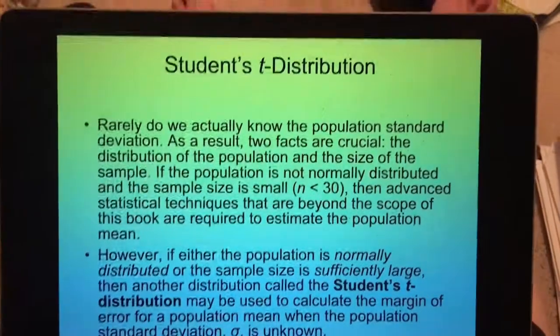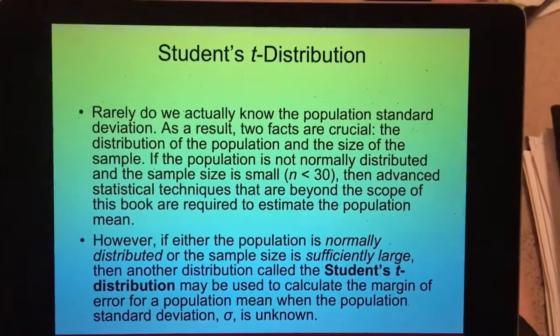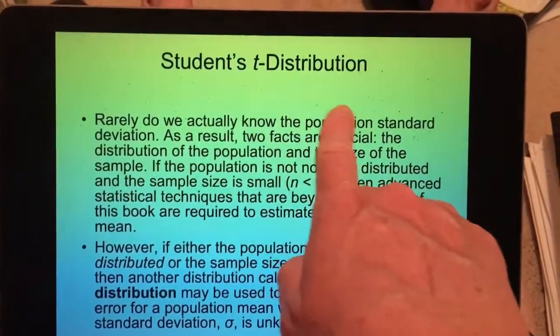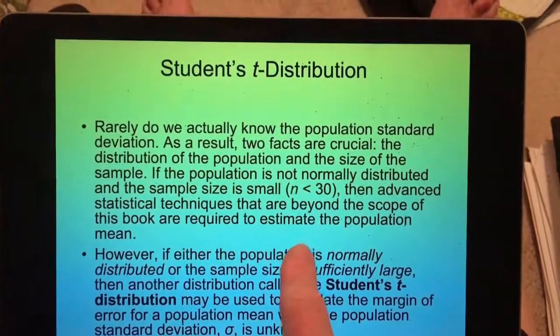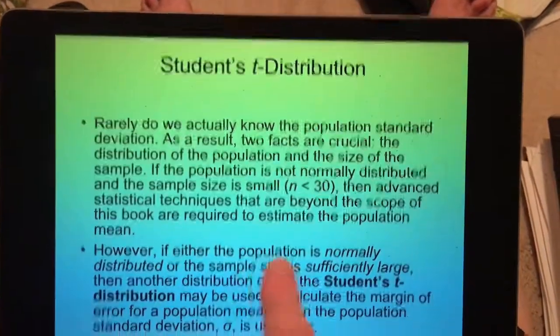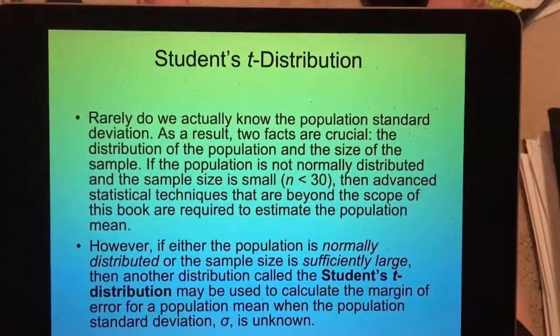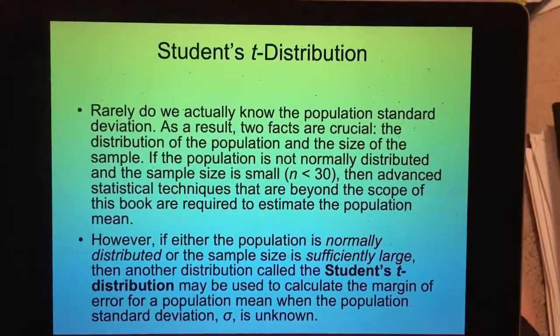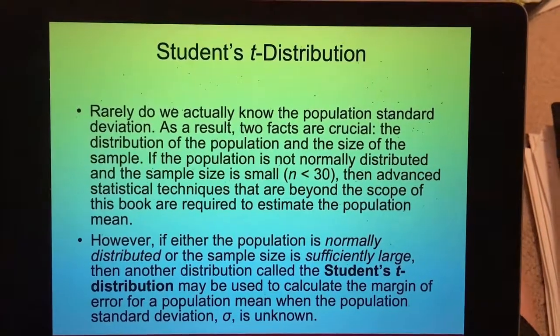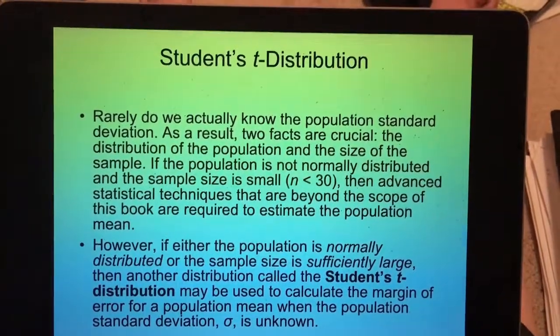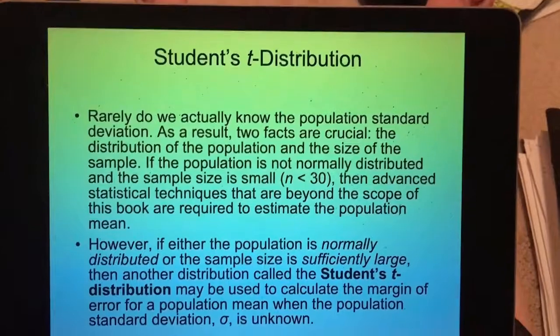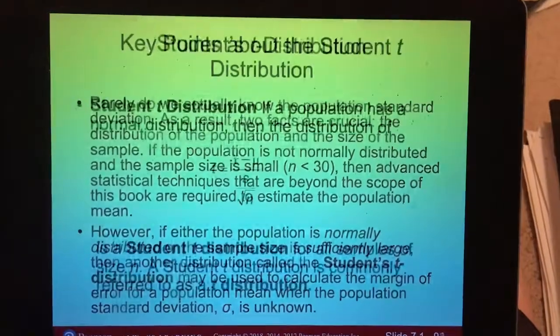So there's their justification for using the student T. We can use the student t-distribution when we don't know the standard deviation, but we do have a curve that's approximately normally distributed, and we have a size of our sample greater than 30.